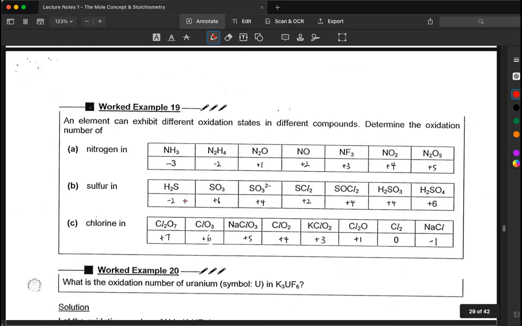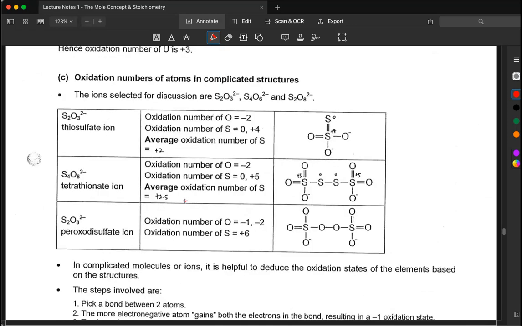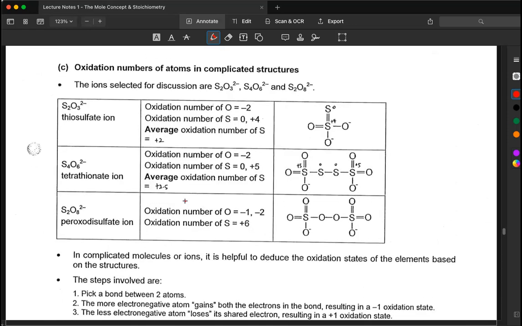We will just skip through this. Now, let's start with this. Oxidation number of atoms in complicated structures. This is something new, not tested at O level. Now, we're going to discuss 3 ions here: S2O3 2-, S4O6 2-, and S2O8 2-.